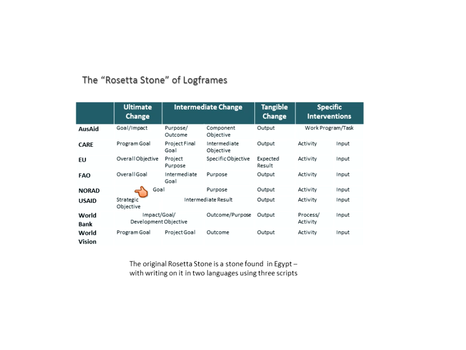But the names that organizations give for these different general categories are similar in some cases and different in others. Let's start where the similarities are, in specific interventions. Almost everyone calls the specific interventions inputs and activities, so there's very little disagreement there. For tangible change, there's also a lot of agreement. It's mostly called outputs.